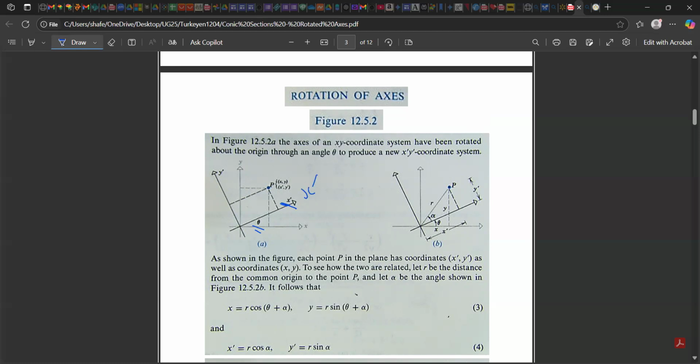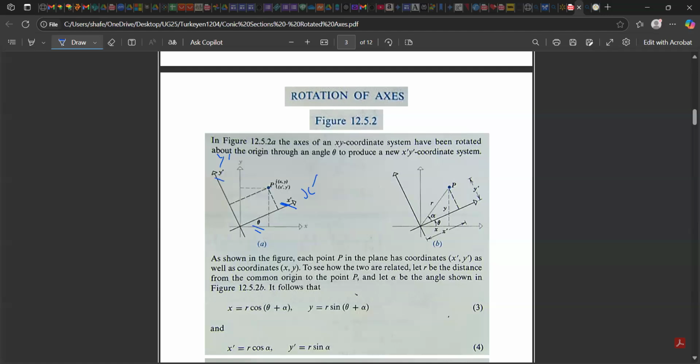I'm just writing it big, and y prime, right? What we want to do now is find some relationship between x and x prime and y prime. So you'll see your trigonometry coming.